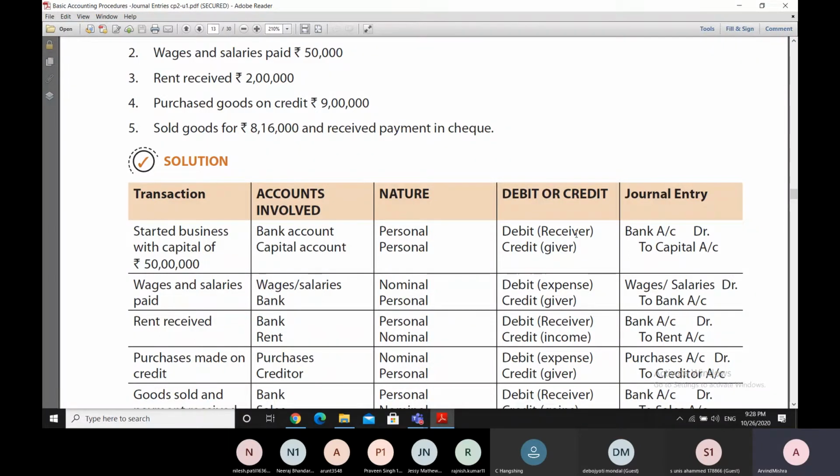So the receiver is the bank account and the giver is the capital account.